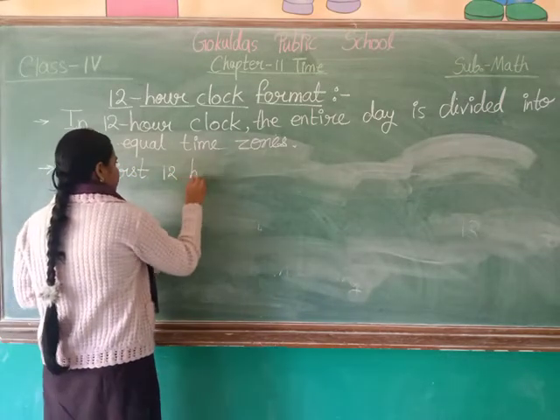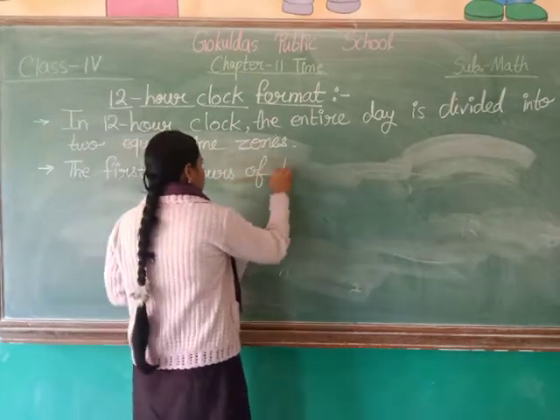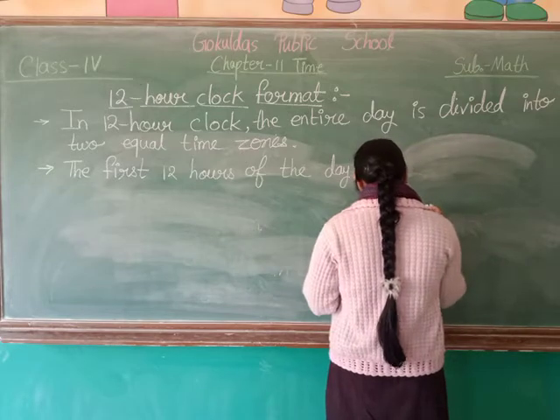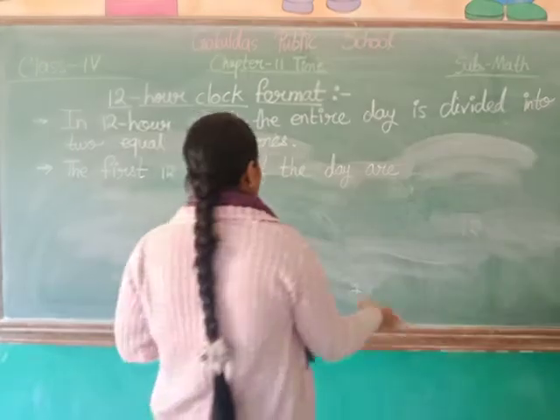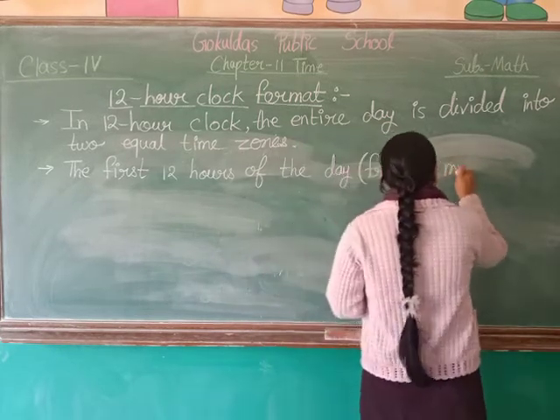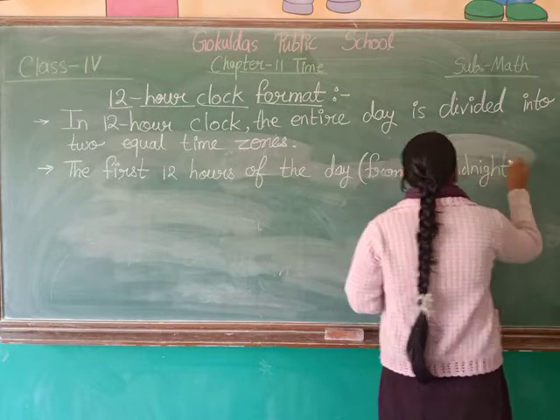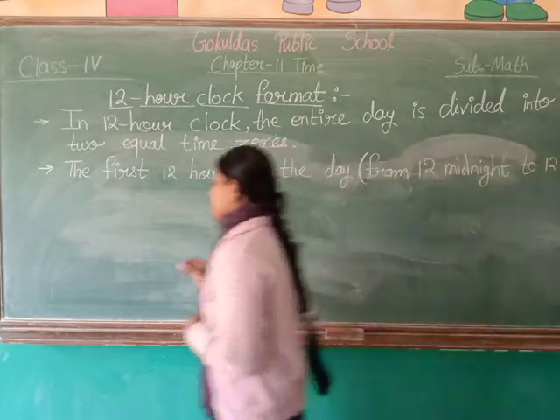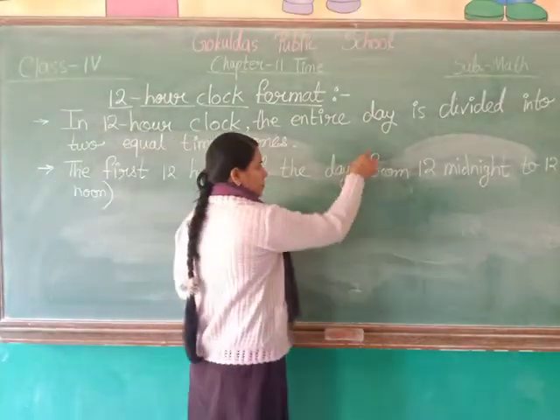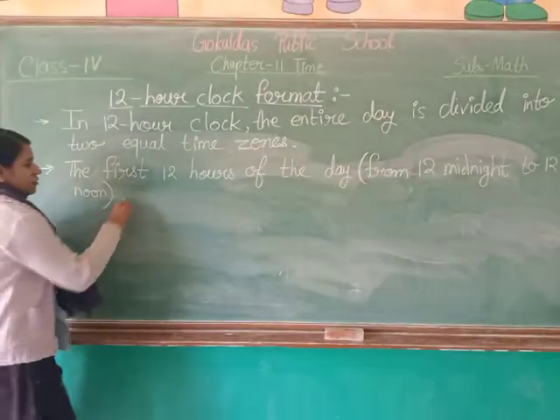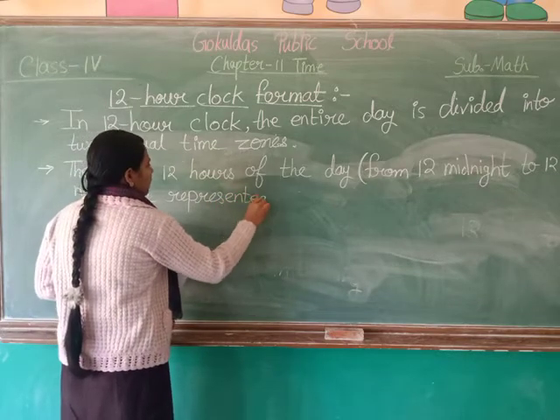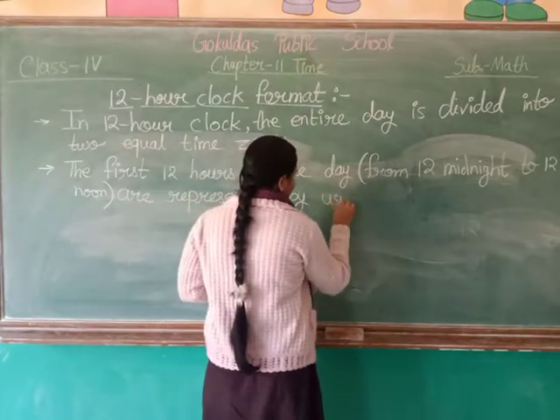The first 12 hours of the day, in brackets from 12 midnight to 12 noon, are represented using AM.